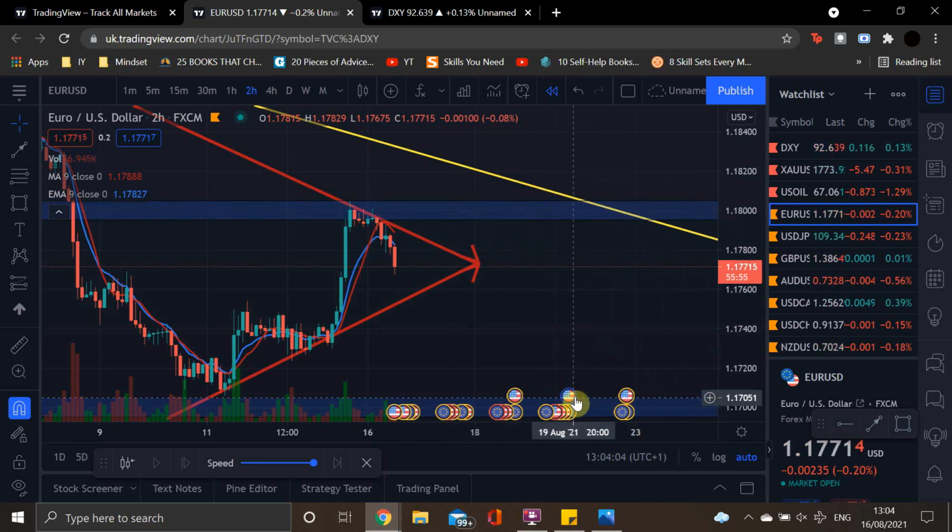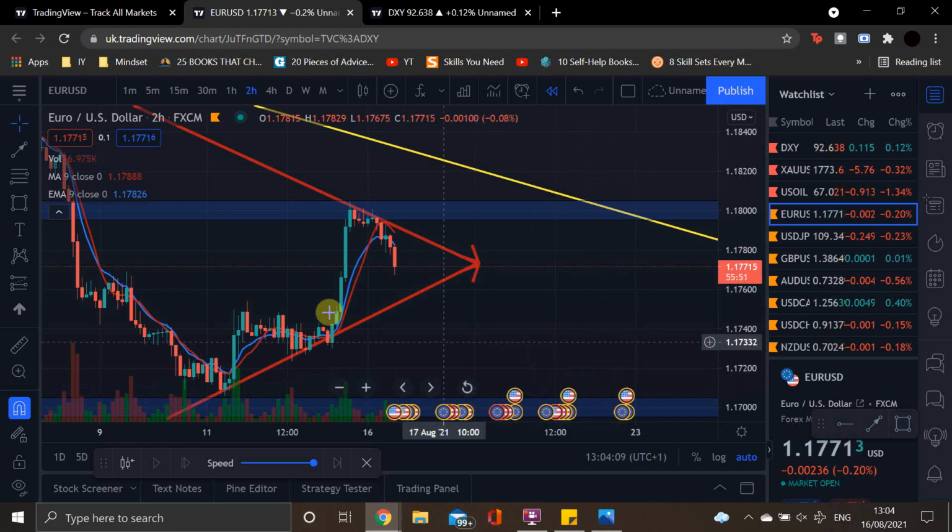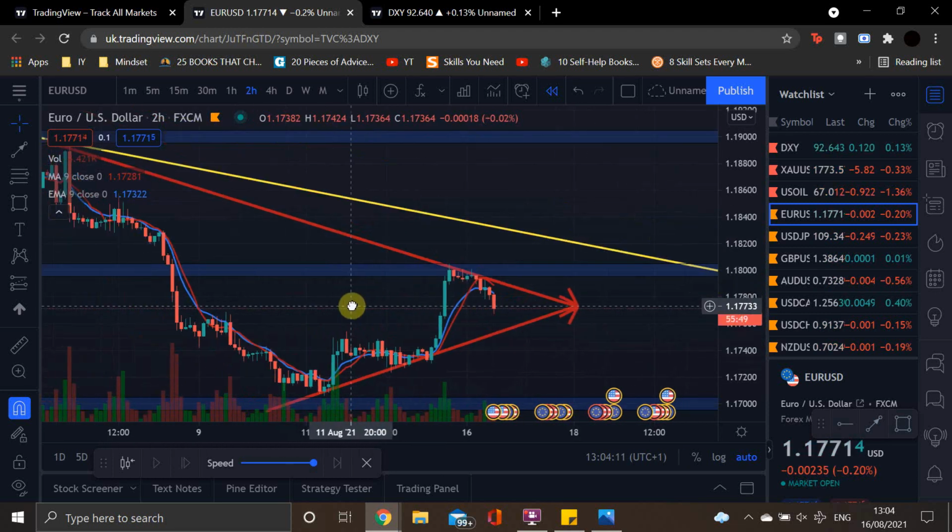So 1.18, 1.1. Oh, but guys, I have to be a little bit aware here of this level here.